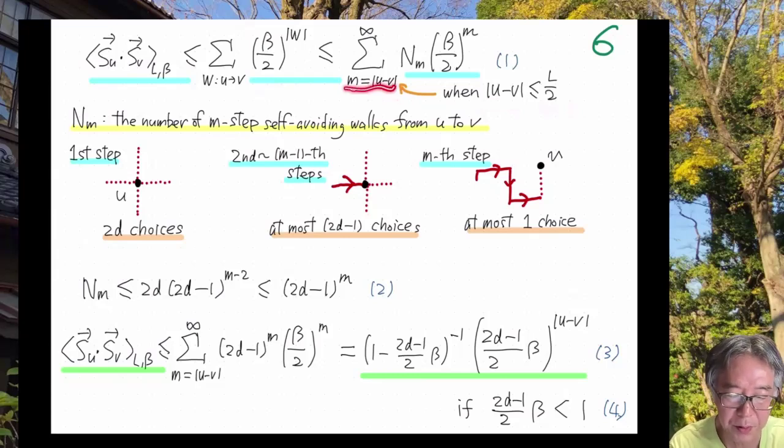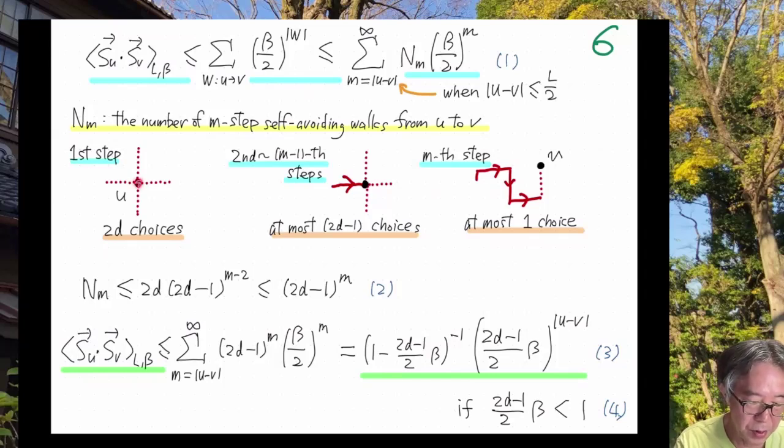This is at least what you have to be. And here, N_m is the number of m-step self-avoiding walks connecting U and V. And we have this factor here. Okay, so this is just an upper bound, and then we need to evaluate this entropic factor, the number of self-avoiding walks. Of course, this is not an easy problem, but to get an upper bound is quite easy, and I want it to be easy.